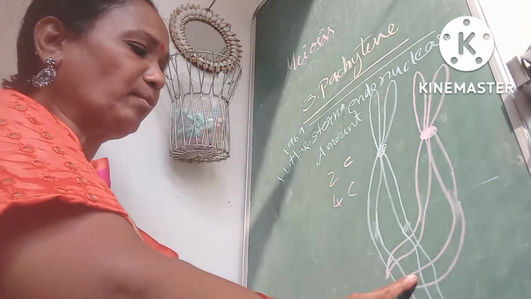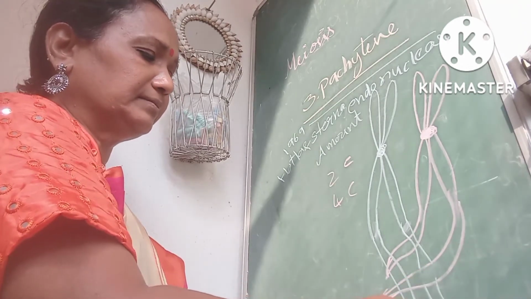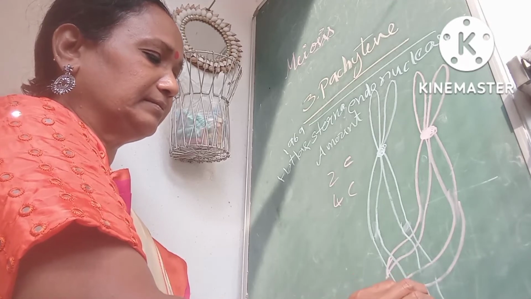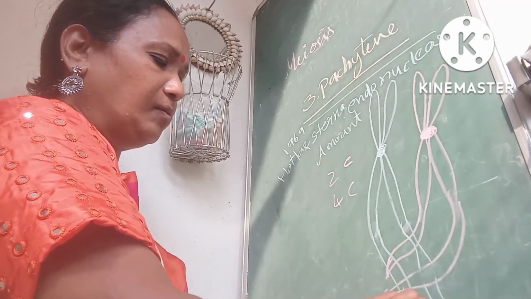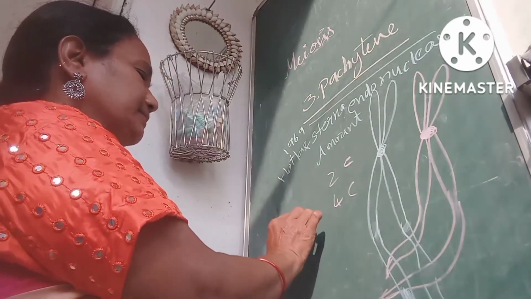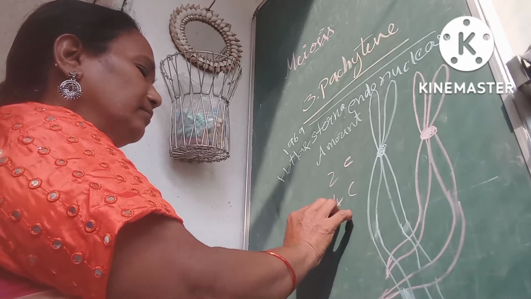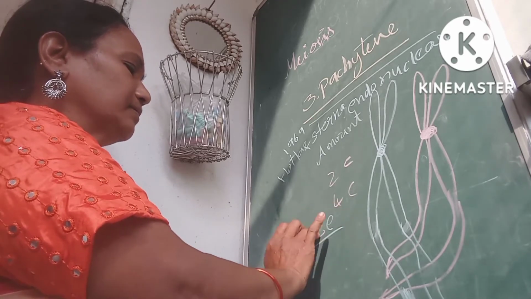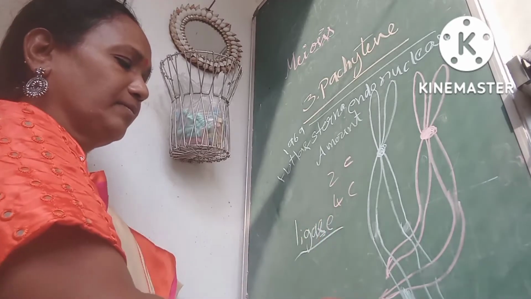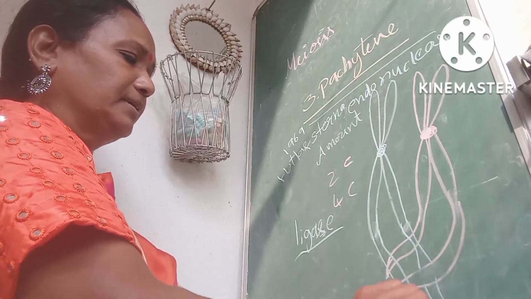The broken chromatids are united with the help of the enzyme ligase. So they exchange like this.